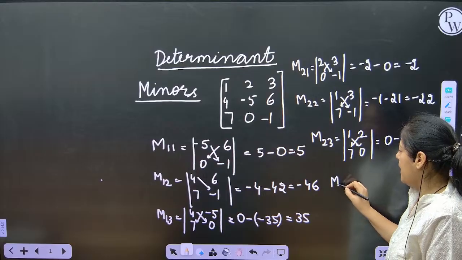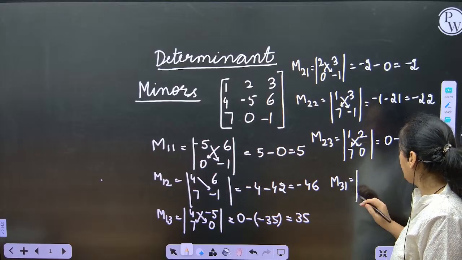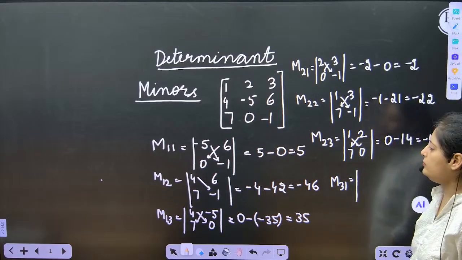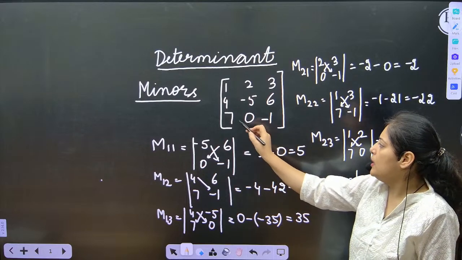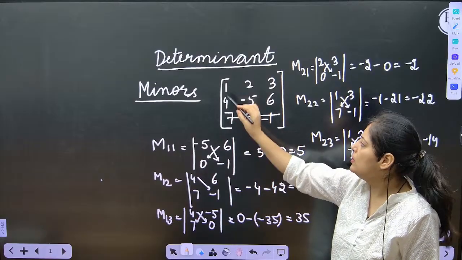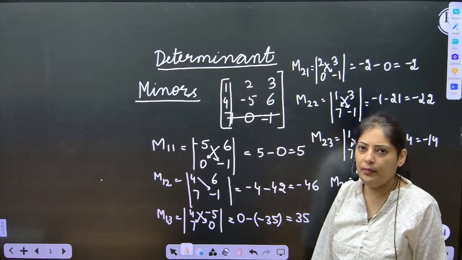Now we'll start with M31. M31 means third row, first column. Leave them.